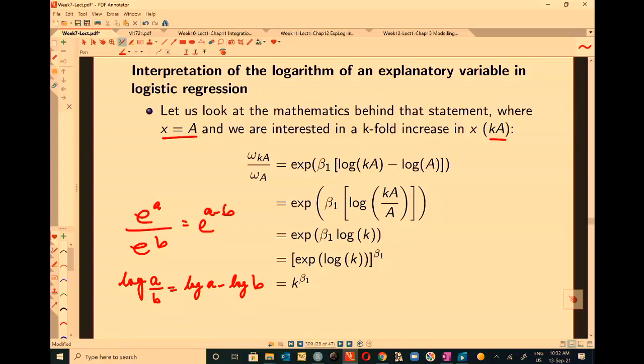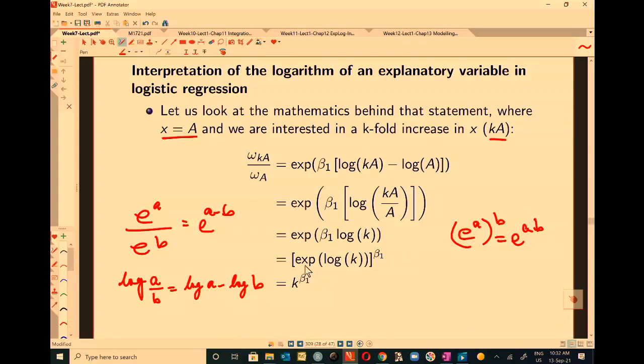It's exp of beta 1 log k, and I'm going to use another law: e to the a to the b becomes e to the ab. I multiply the powers, so I've got beta 1 times log k, so it becomes exp of log k to the power beta 1.